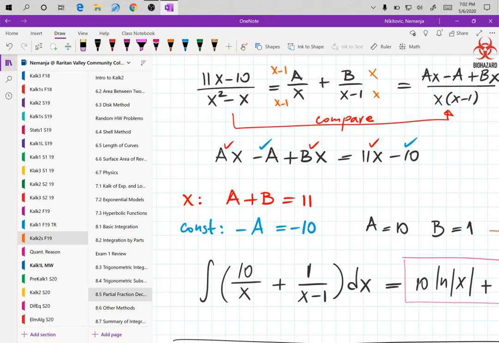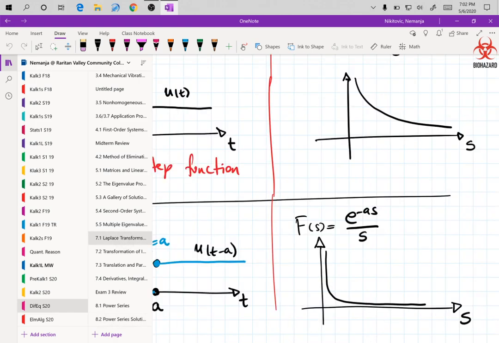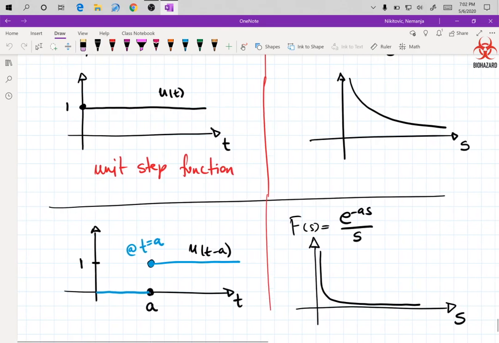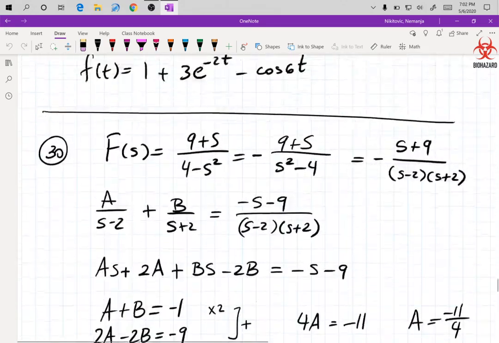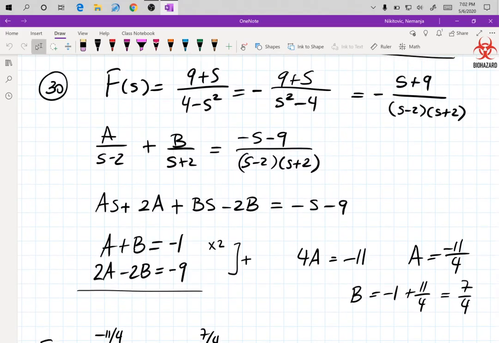Later on, all of that stuff pours into differential equations. Laplace transforms right here, where we have the same, let me just find it. There it is. Now, instead of using x, you are using s as a variable, but I have 2 linear factors.